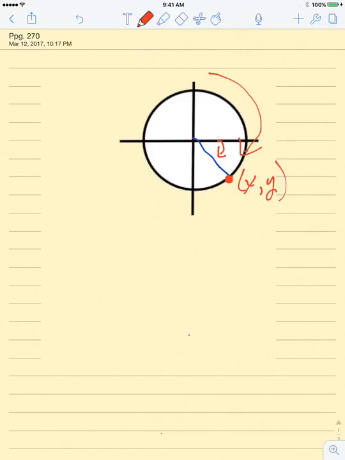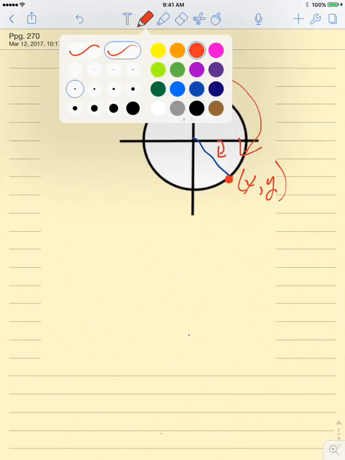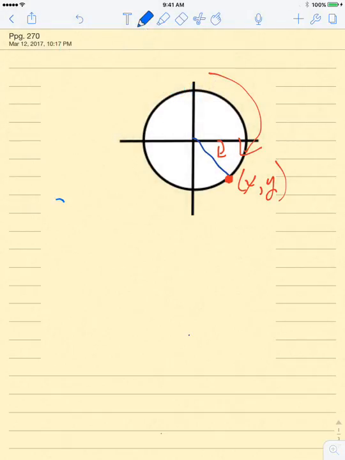So let's take a look at what is the sine. Let me just change colors here. What is the sine of pi over 6? Well, the sine of pi over 6 is 1/2, or 0.5.